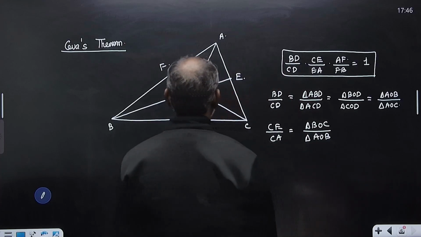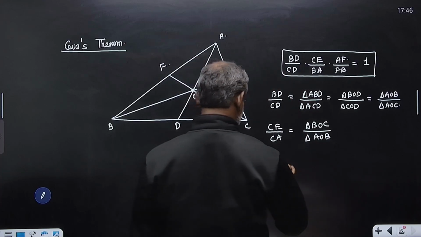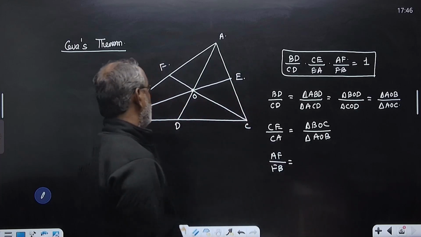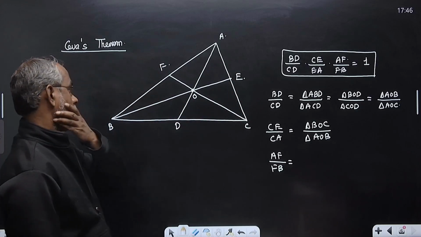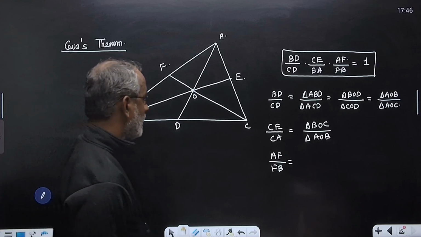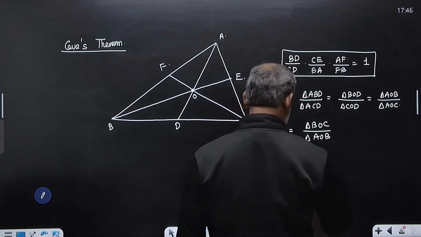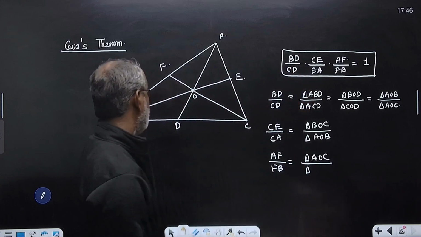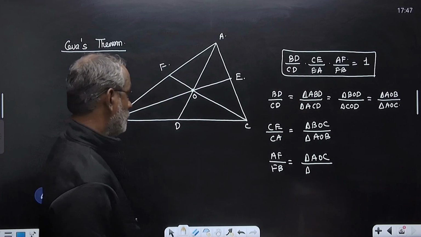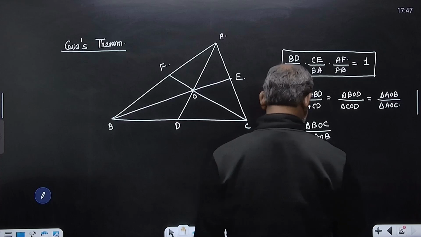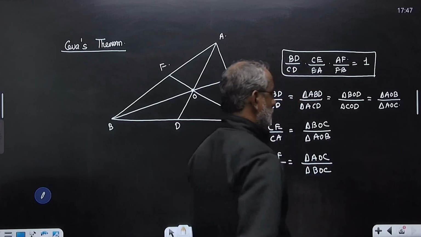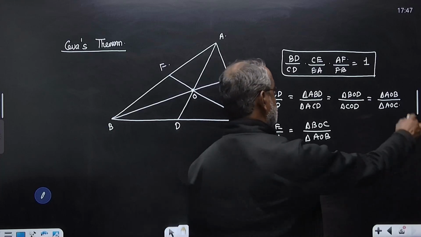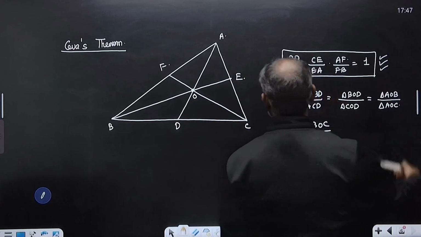And then AF upon FB is the area of triangle AOC upon area of triangle BOC. So, you can multiply the three, and you can see. Okay, so this is the proof of Ceva.